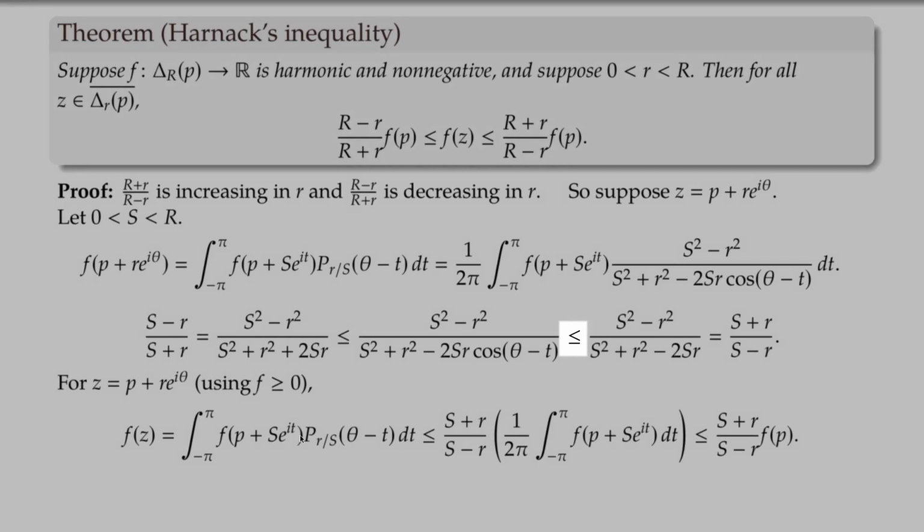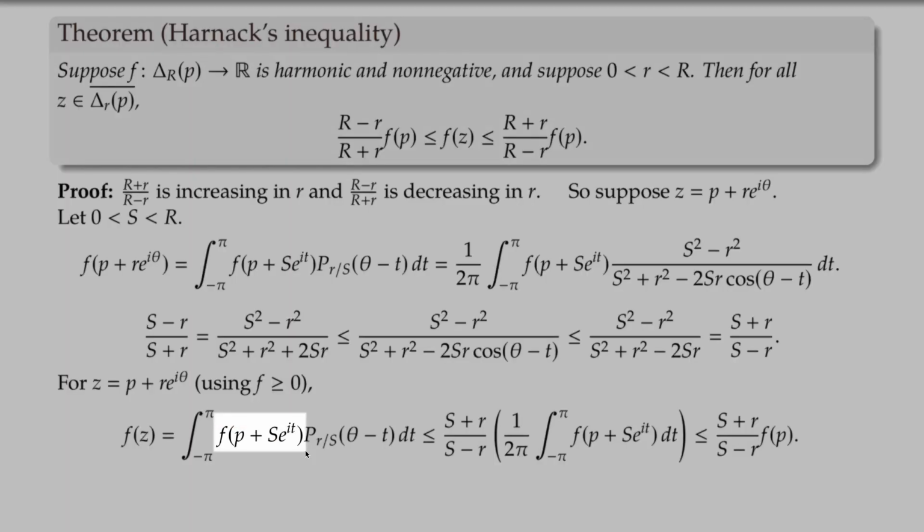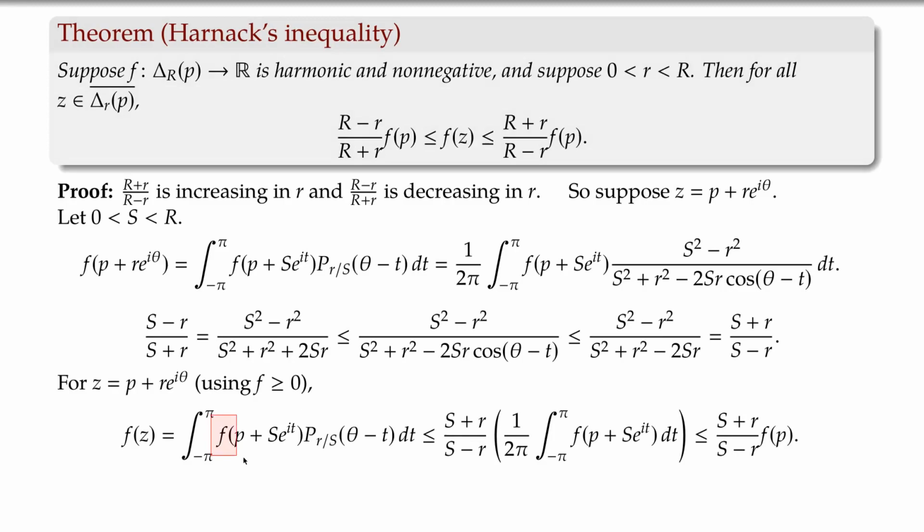If I want to bound this in the formula by the S plus R, S minus R, then I need to actually have that F is positive, because otherwise the inequality would flip, and might flip differently at different points, so we wouldn't get anything. So this is where we're using that F is non-negative.